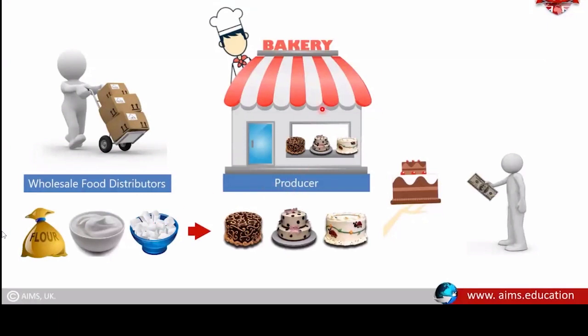The producer manufactures our cake product to sell to the market. And after that, we send it to the retailer store to be sold and purchased by the customer. So that's the basic concept of supply chain management.